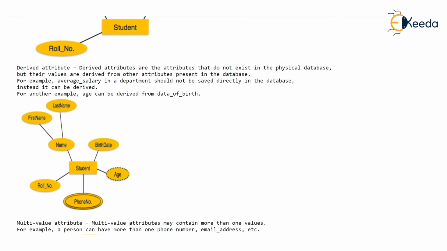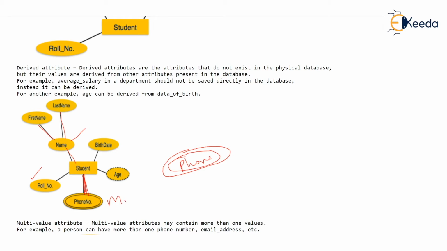Just as a repetition, name is also an attribute of the student, but name is composite. Roll number is also an attribute of the student, but roll number is atomic. Now, what about phone number? A student can have a phone number, isn't it? Now, you see that I have shown phone number in a double ellipse. Why really? Because one student can have multiple phone numbers.